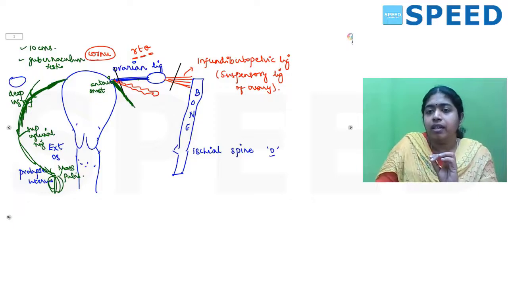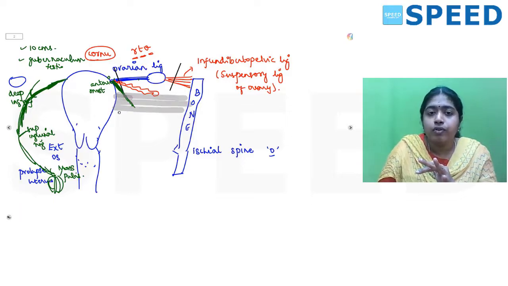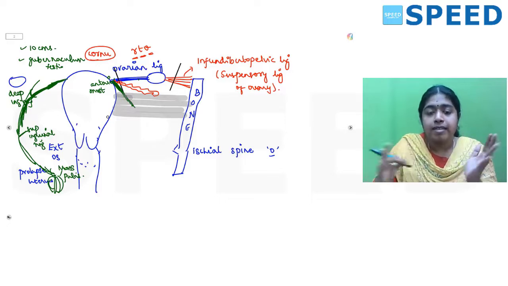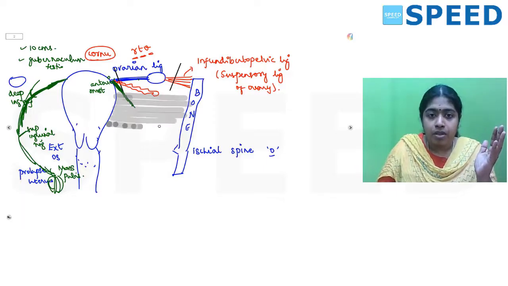Now I'm going to draw another ligament. In fact, the name ligament is a misnomer here. It is just sheets or folds of peritoneum that are expansile on either side of the uterus, connecting the lateral aspect of the uterus to the lateral pelvic wall. These ligaments are broader, so they are called broad ligament.